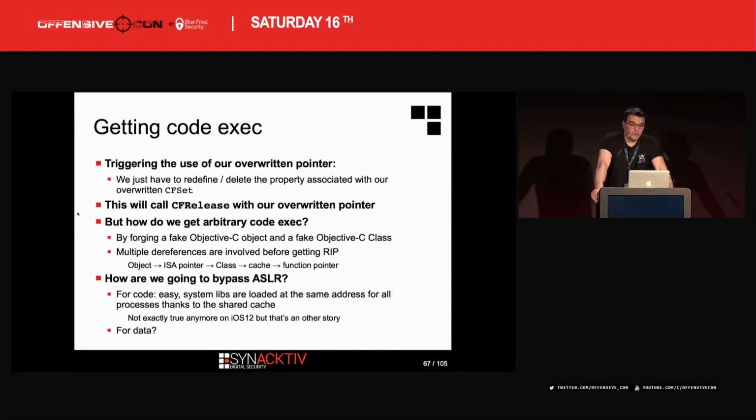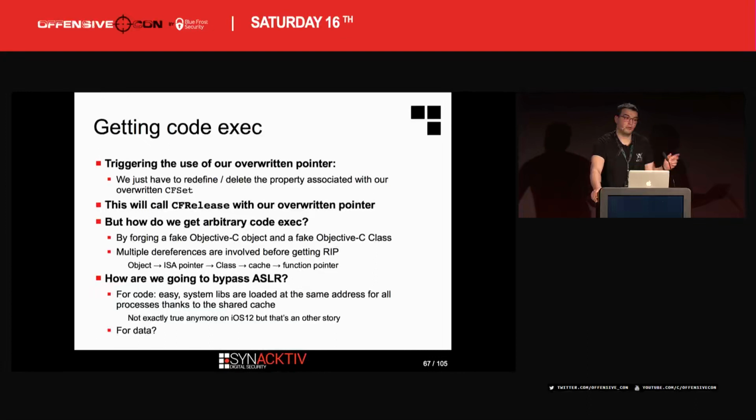But the question is, how do we get arbitrary code exec? The answer is by forging a fake Objective-C object and a fake Objective-C class. The problem is that there are a lot of dereferences involved before getting RIP. Because you have your object that you dereference to get the ISA pointer, that you dereference to get the Objective-C class object.